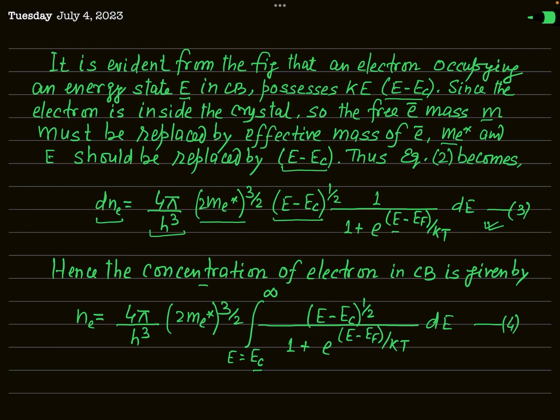But this dNe represents only those electrons of the conduction band whose energy lies between E and E plus dE. But our aim is to find the total number of electrons in unit volume of the conduction band for the entire range of energy. And what will be the entire range of energy?